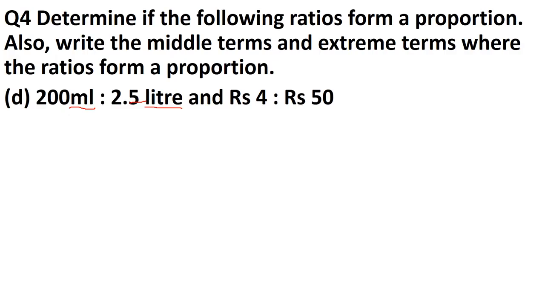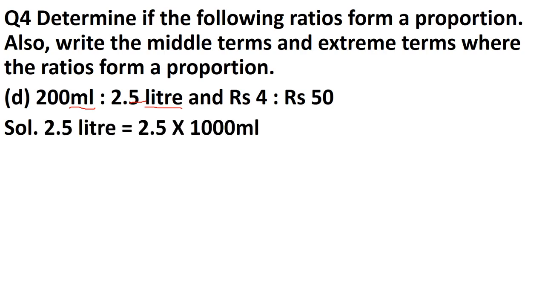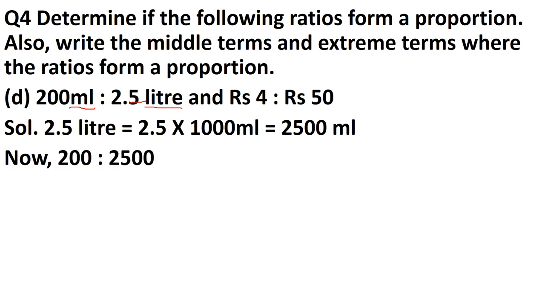First of all, we will convert 2.5 liter into milliliter. 1 liter is equal to 1000 milliliter, so multiply it by 1000 and you will get 2500 milliliter. Now we will find the ratio of 200 and 2500.